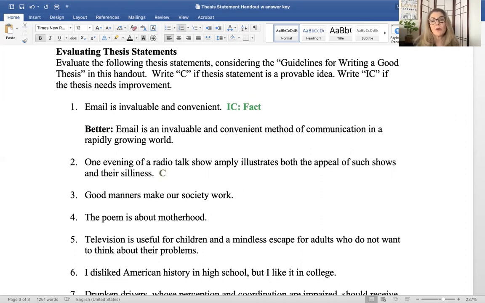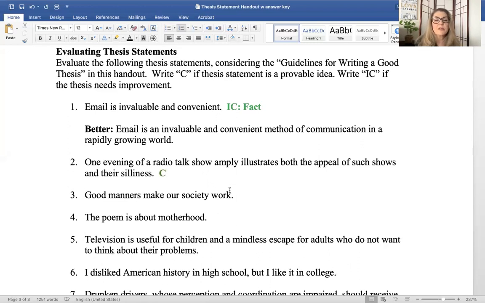We would say this is more of an analytical thesis, so you would expect the writer to look at a specific radio talk show segment, or the writer could look at it in general, and talk about how an episode appeals to the listener. It amply illustrates both the appeal of such shows, meaning the listener likes it, but also the silliness of it. So you have the serious and silliness together, which is interesting. That's an interesting idea I would want to hear more about. All right, let's go on to number 3.